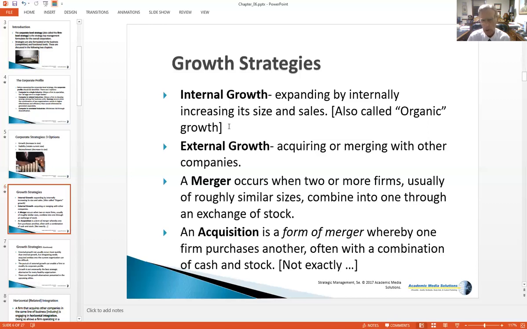And probably we could say product lines or product categories, because internal growth would not compel a company that makes a line of furniture not to make other kinds of furniture, for instance.